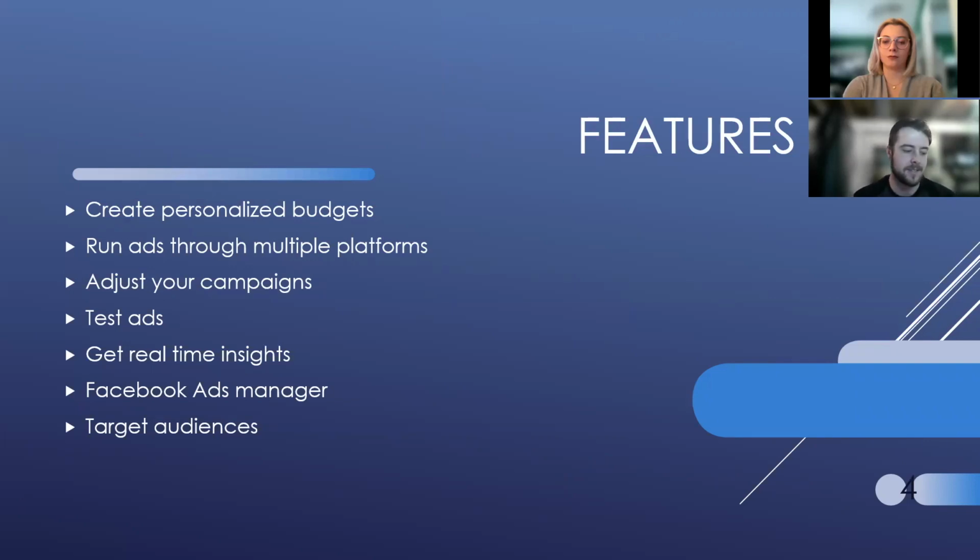can get real-time insights. You're able to see the amount of viewers and clickers that are actually interested in your ad. Not only that, but you can also see if they're male or female, where they're from, and what their specific interests are, which is a really cool thing with Facebook. And Facebook Ads Manager is a really user-friendly platform to create your campaign. It has a toolbar, a taskbar in it, and it's really easy to navigate.